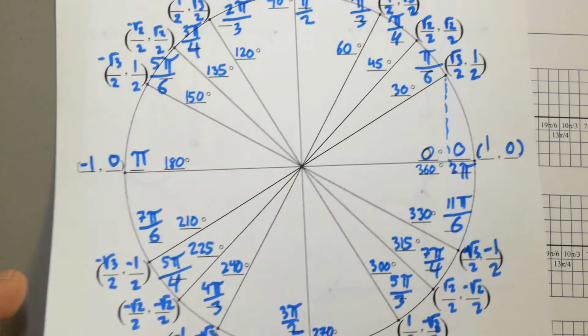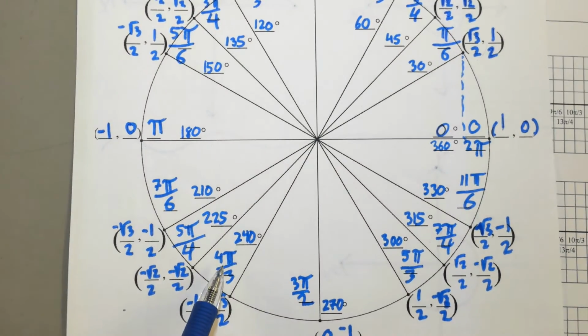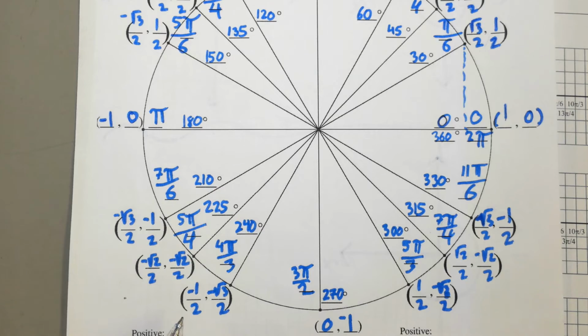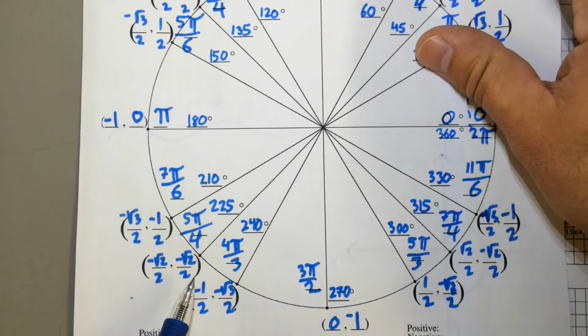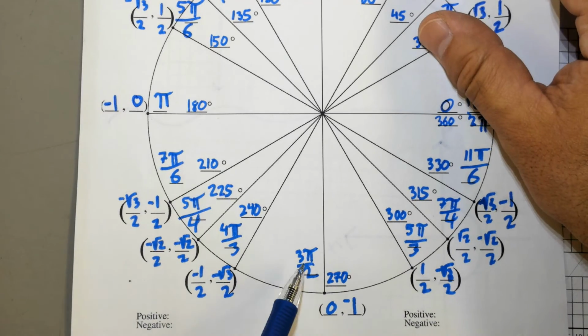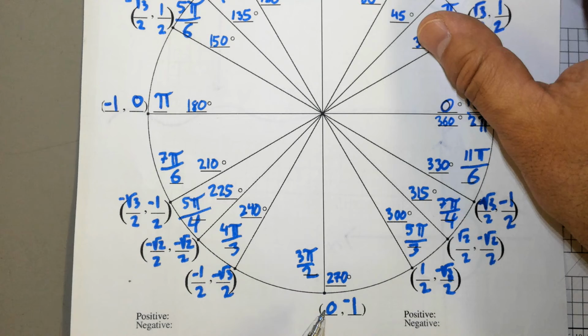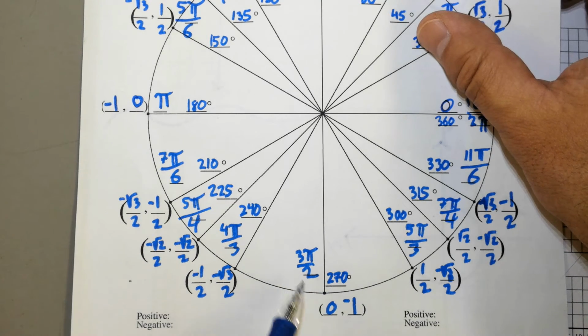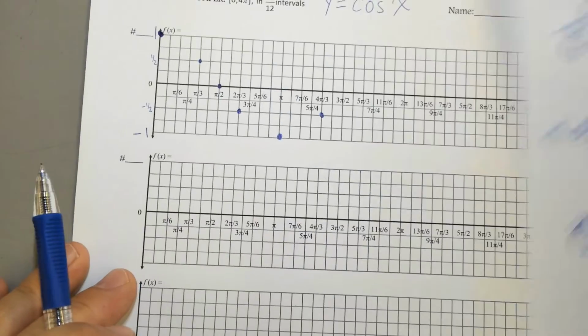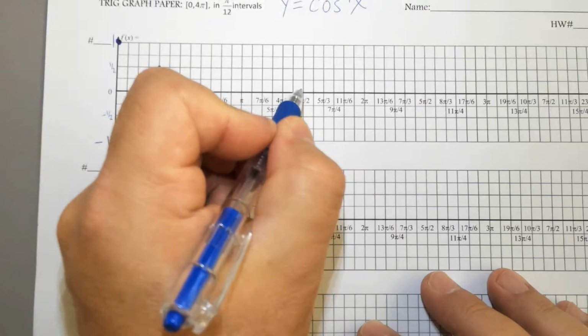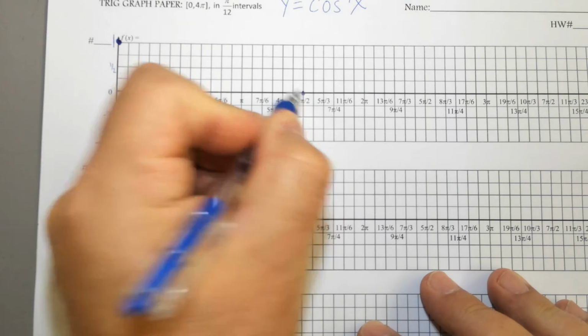All right, let's continue. 3 pi over 2, 0. We could do that one. So let's go to 3 pi over 2, 0.